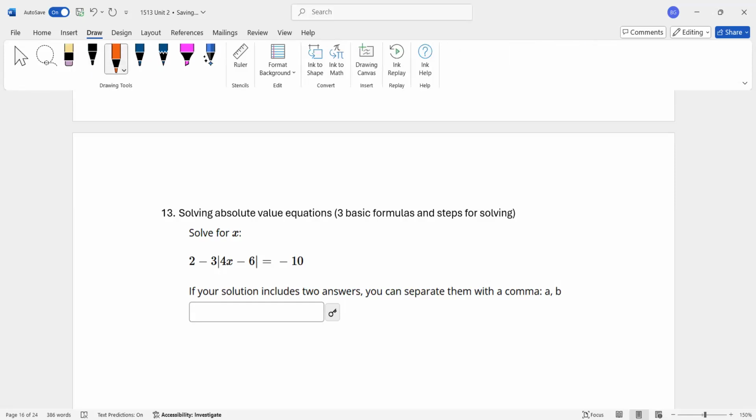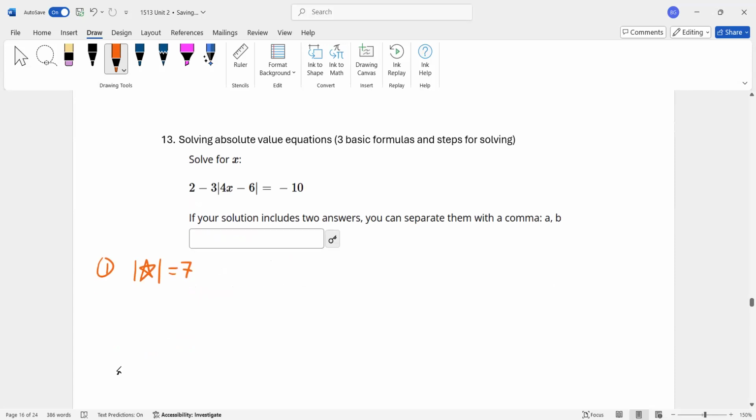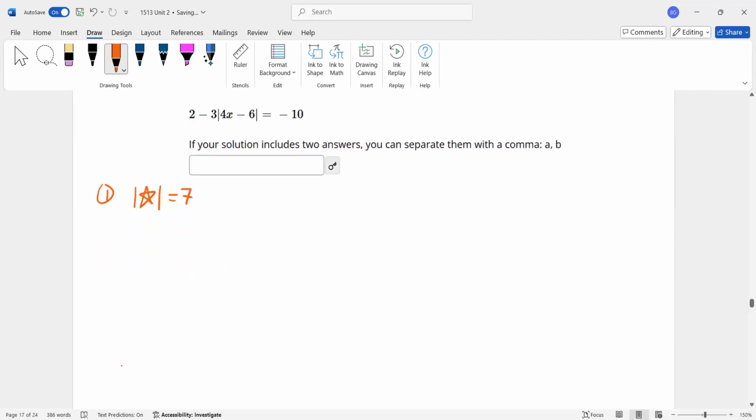The first one, I'm going to put it here, okay? I need more space. I'm sorry. So put it here. So firstly, I'm going to give you the 3 basic types of absolute value equation.